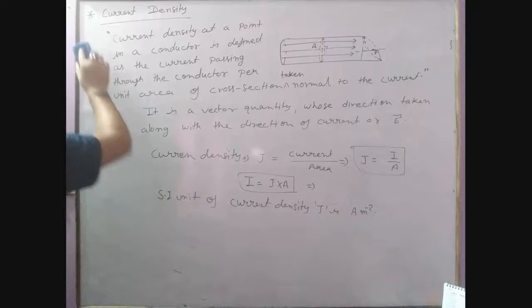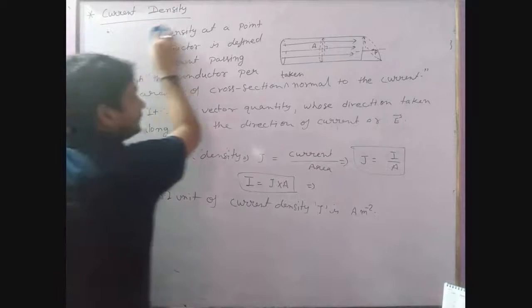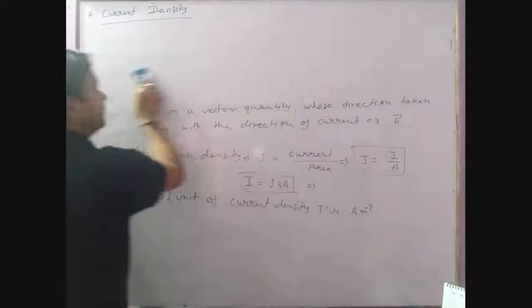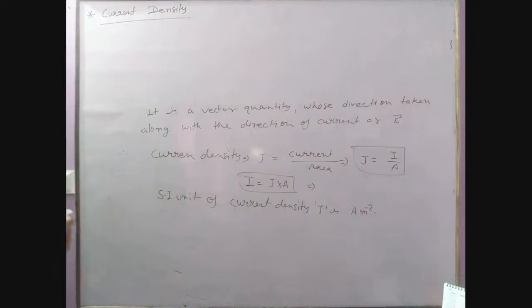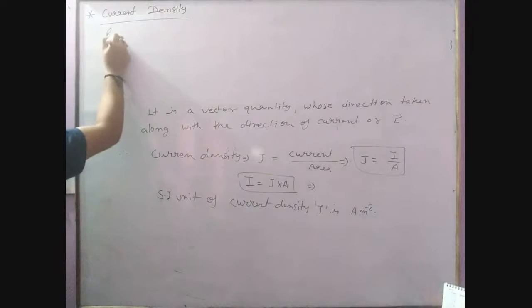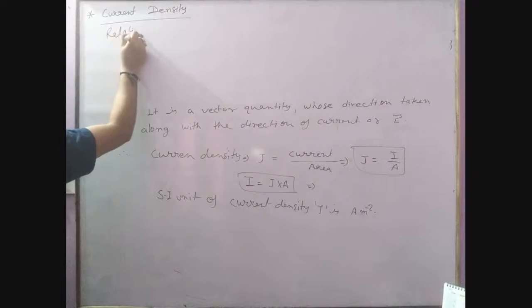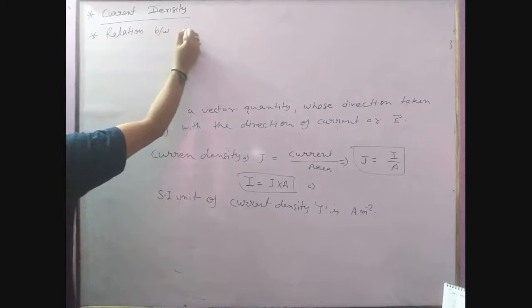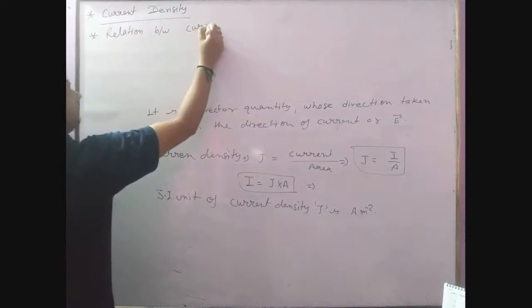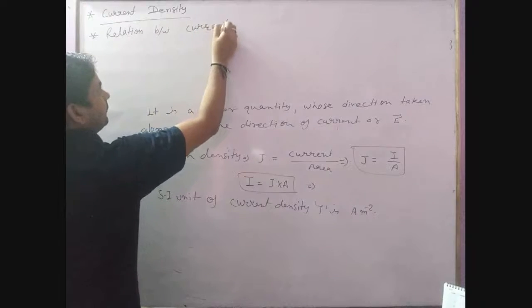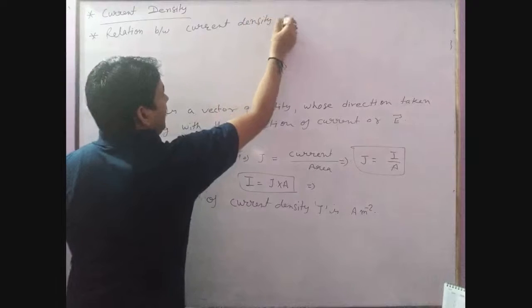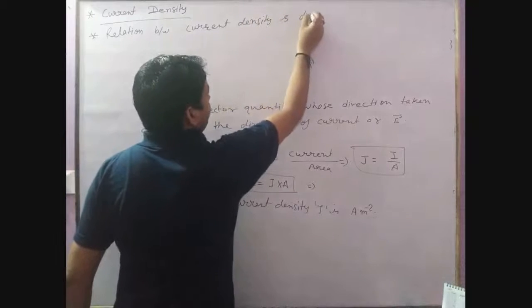Now the relation between current density and drift velocity.